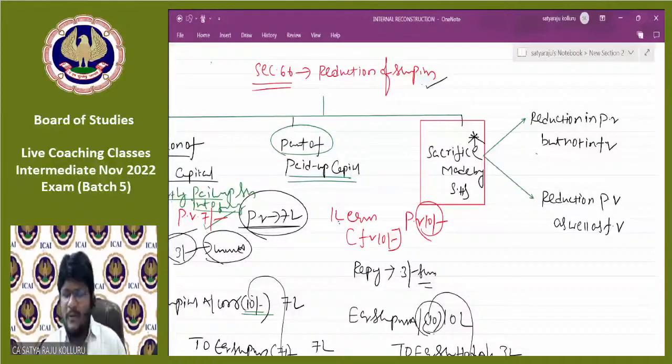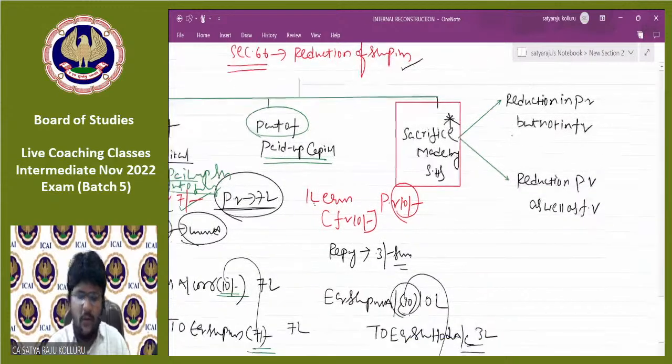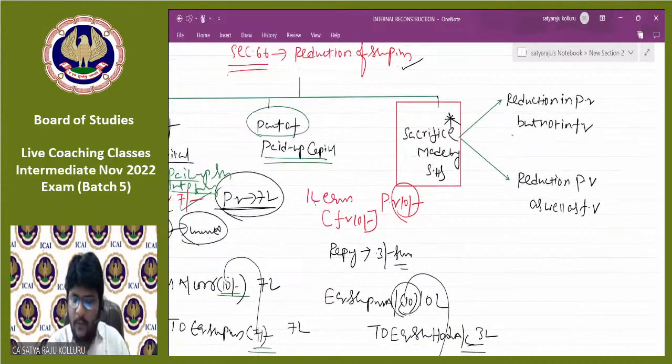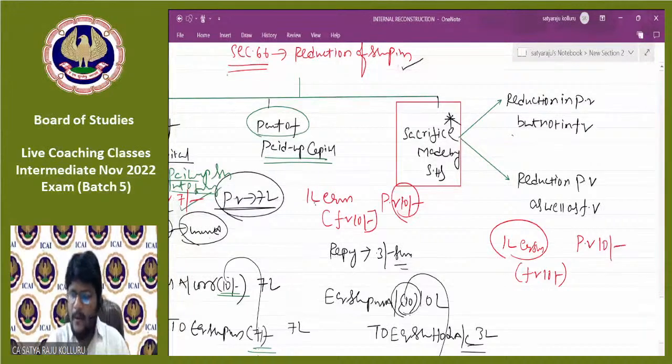What is this all about, sir? Sir, first of all, what is the sacrifice made by the shareholders? First, let me continue the same example which I took previously. Existing 1 lakh equity shares are there. Face value again 10 rupees, and the paid up value is also 10 rupees. Now, let me apply the case to the first type of sacrifice.